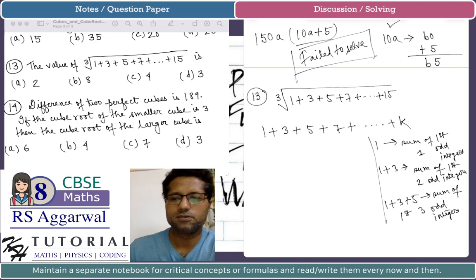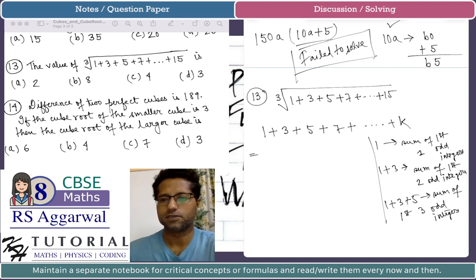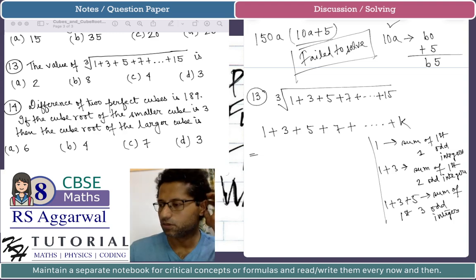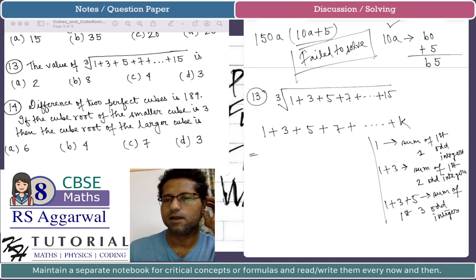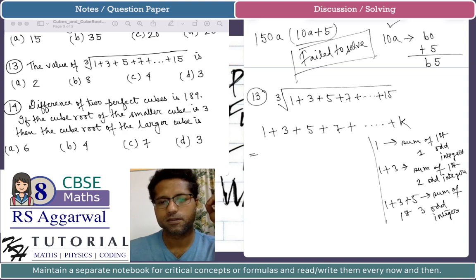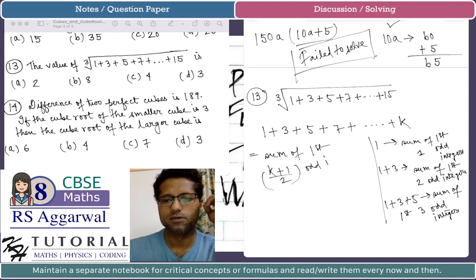So always remember that if you are given a sum of consecutive odd integers starting from 1 plus 3 plus 5 plus 7, and the last term is k, where k will obviously be some odd integer, then this is nothing but the sum of the first (k plus 1) by 2 odd integers.